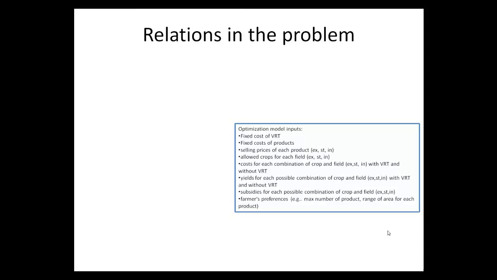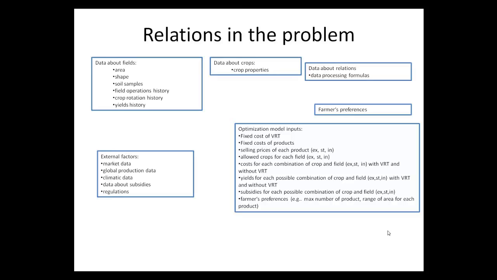Now, let's say a few words about relations in the problem. For solving the problem, we need a lot of input data for the model. The input data has to be computed from data from our sources.